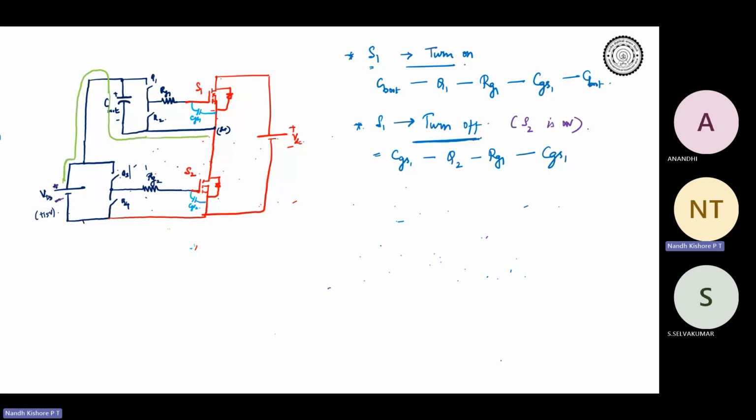And since S1 is turned off, S2 is turned on, the current will flow through S2 and back to VDD. Are you understanding this path? So what will happen? Slowly, C boot is getting charged up. Do you understand?